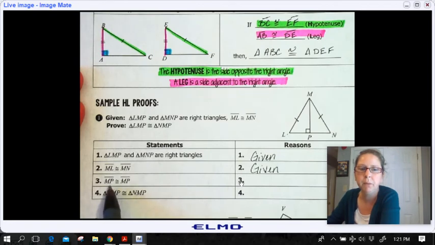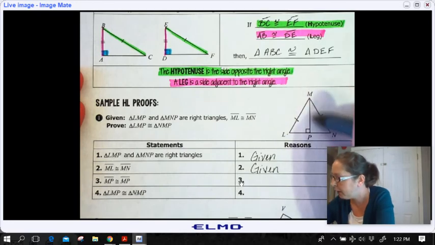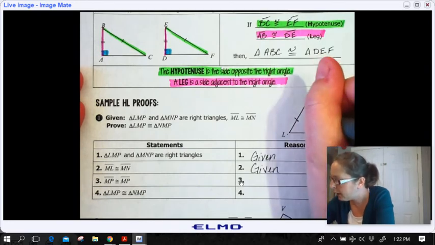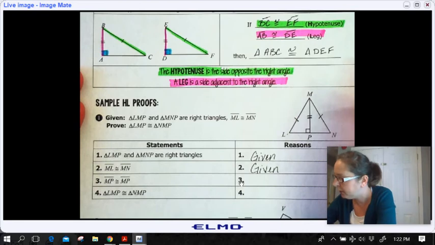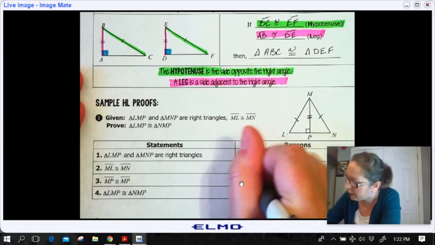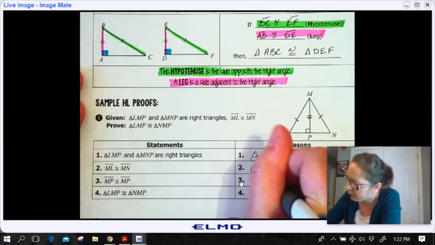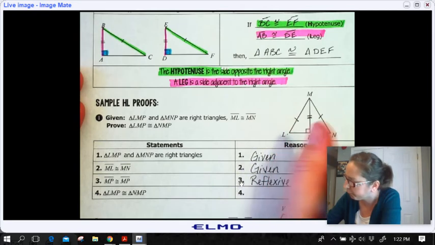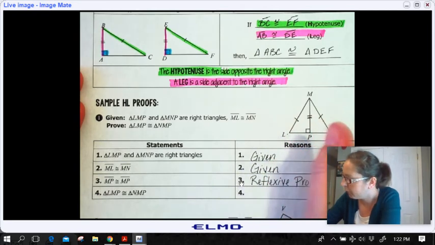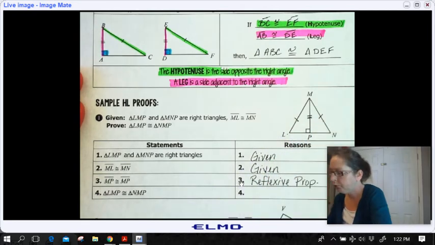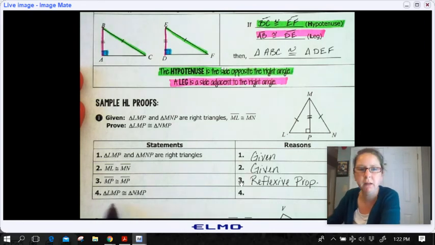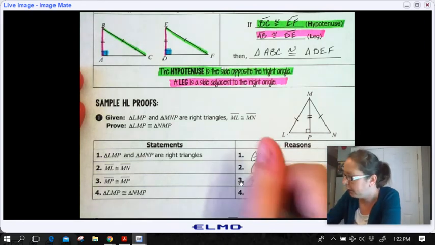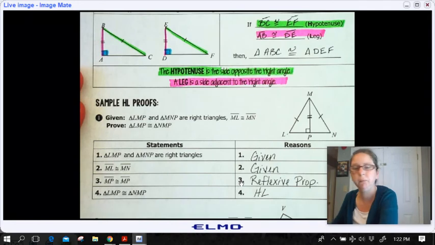Well, my statement says MP is congruent to MP. This is MP right here. How do I know that MP is congruent to itself? And that is the reflexive property. Okay, and so finally, I have proved that these two triangles are congruent by hypotenuse leg.